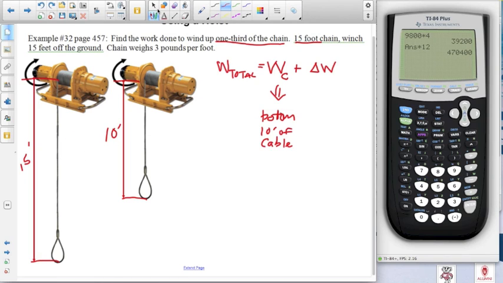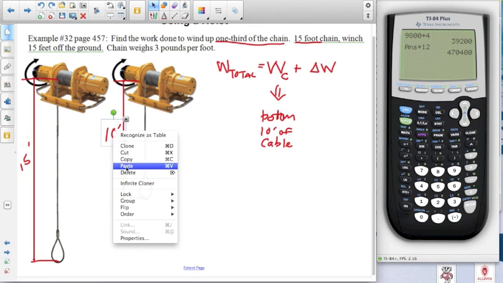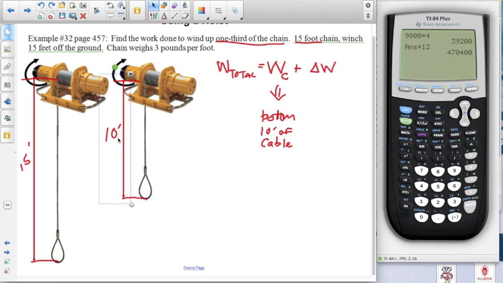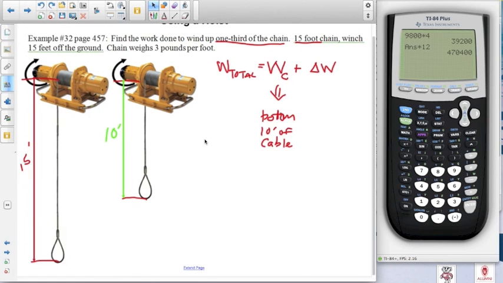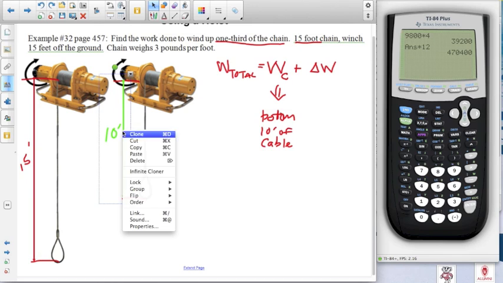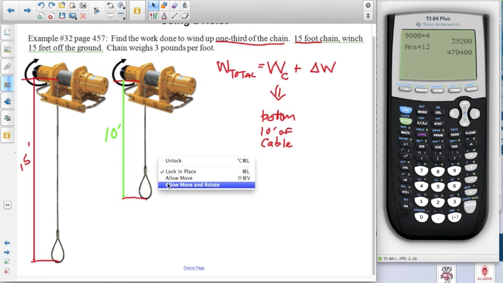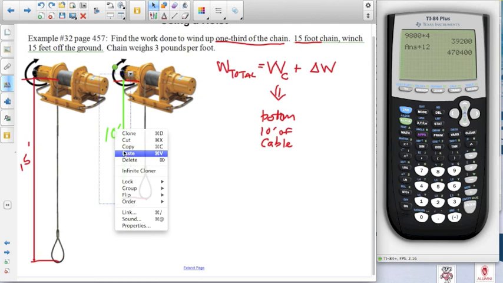So if we just take this and group it, and actually let's change its color to green, and then copy and paste.